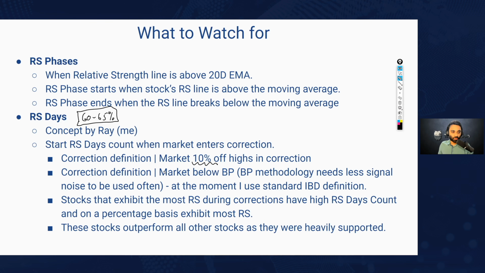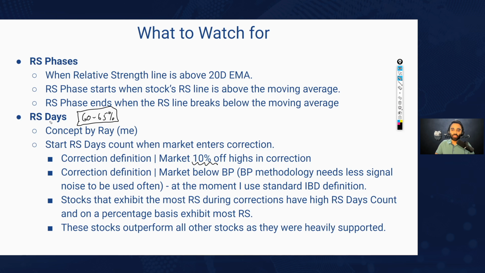I don't use the BP methodology because I feel it needs a little more work to reduce noise, so that we don't reclaim for one day and then stay below it for another 12 days, which we've had recently, and it's a weakness I'm very aware of. But if I can improve it over time, then I may switch over to the BP calculation.